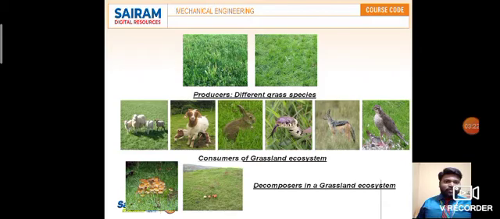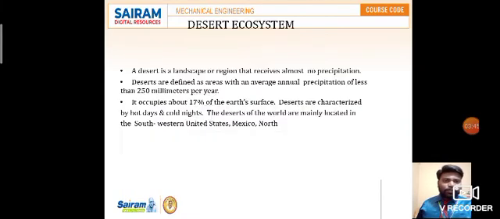In the grass, insects will come and eat it up. Even the plants, you can see that. In agriculture fields, in farming, lots of insects will eat the plants. Those will come under decomposers. That is the difference between producers, consumers, and decomposers.